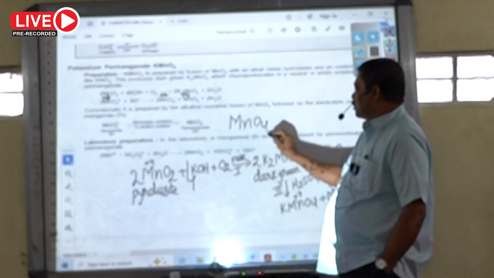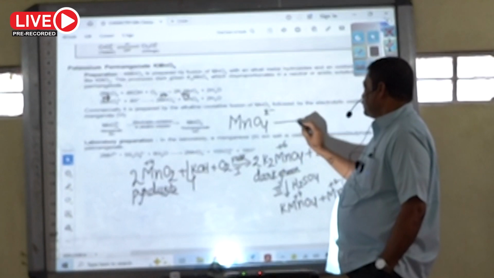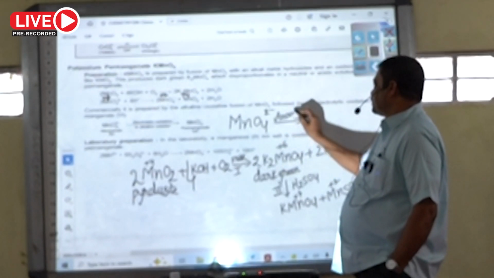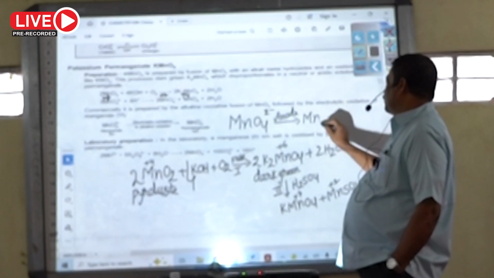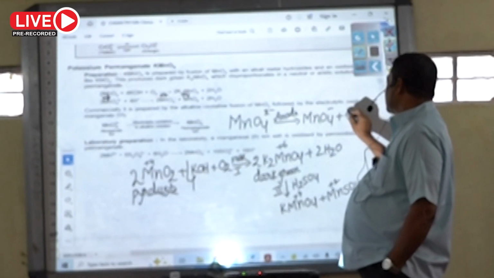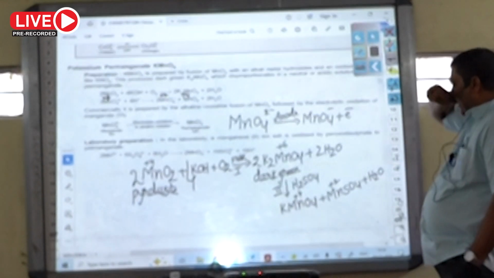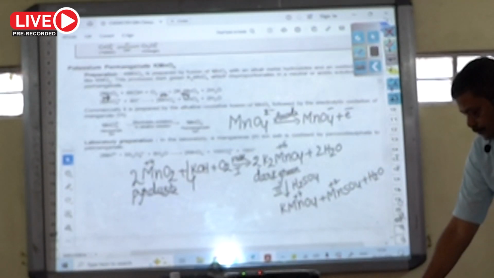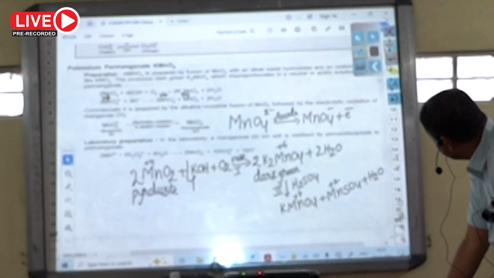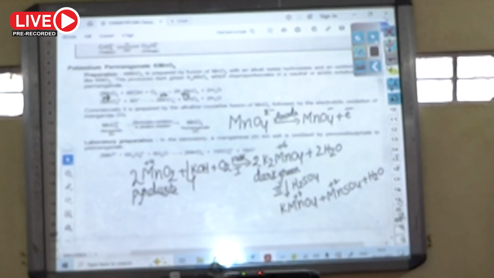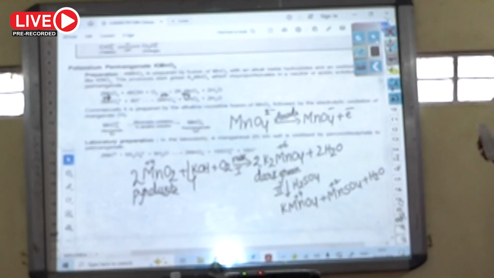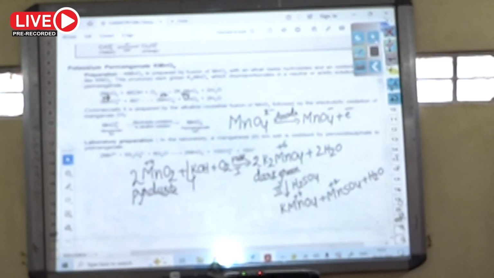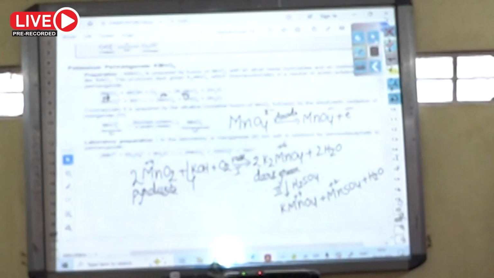So MnO4 2 minus at the anode gives MnO4 minus plus electron. This is called anodic oxidation. So whenever you want to prepare on a large scale, industrial means large scale preparation, it is by this way.